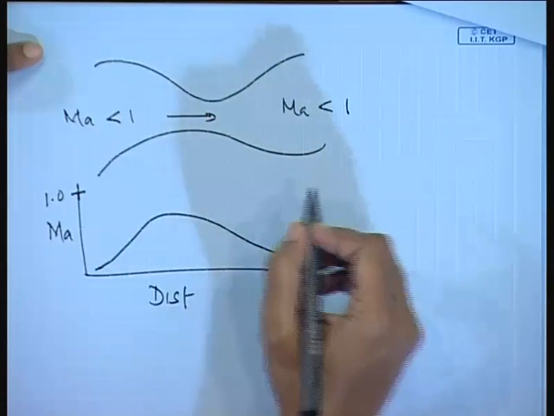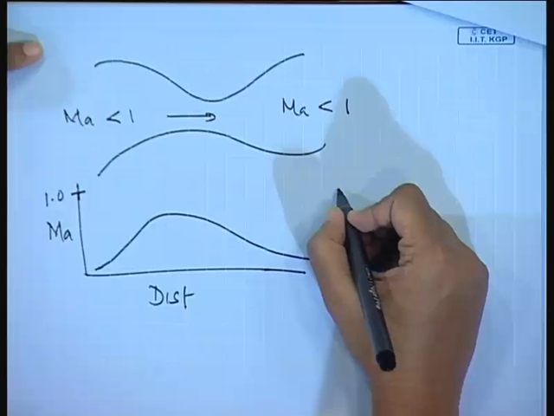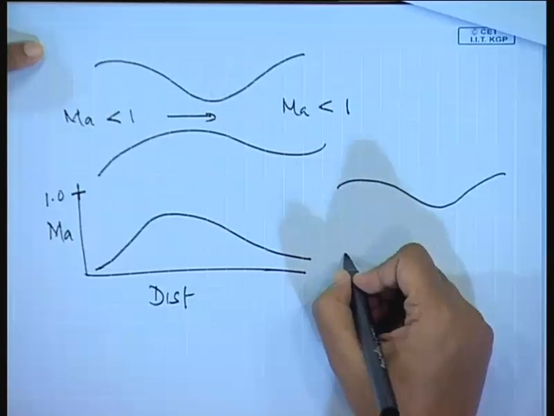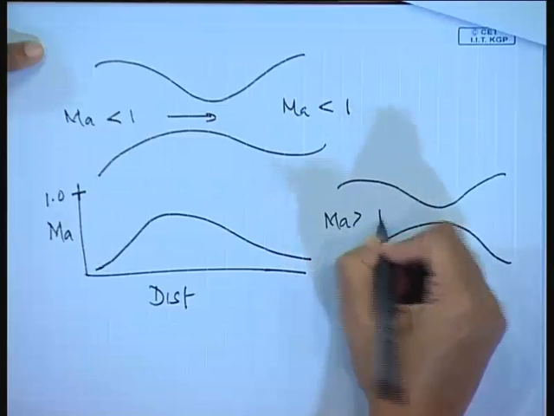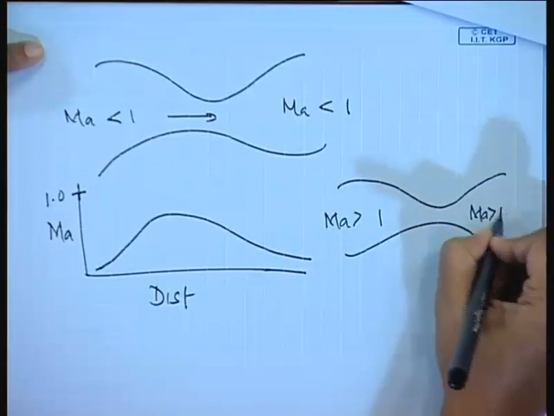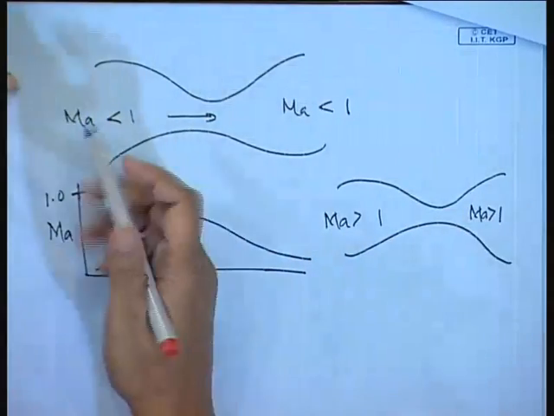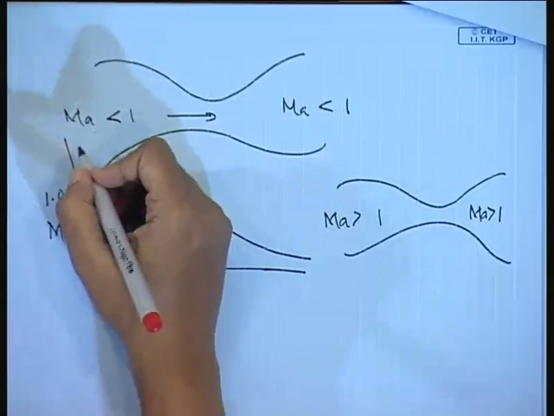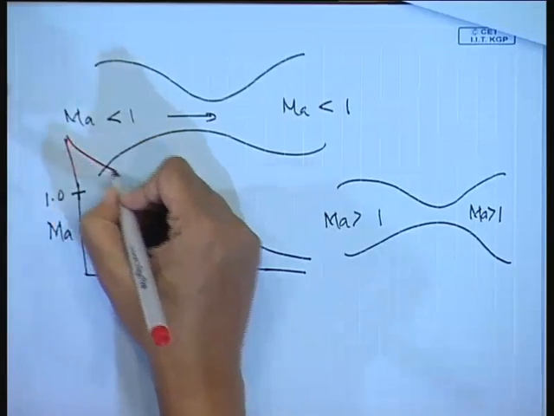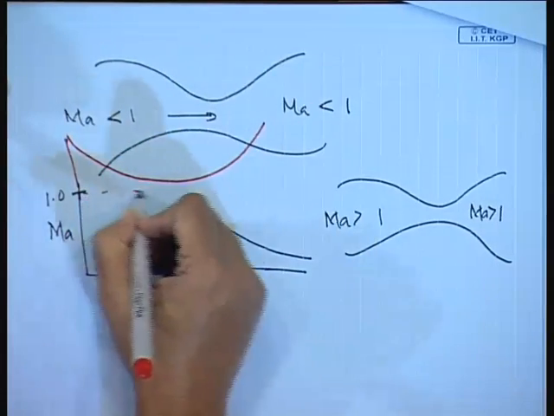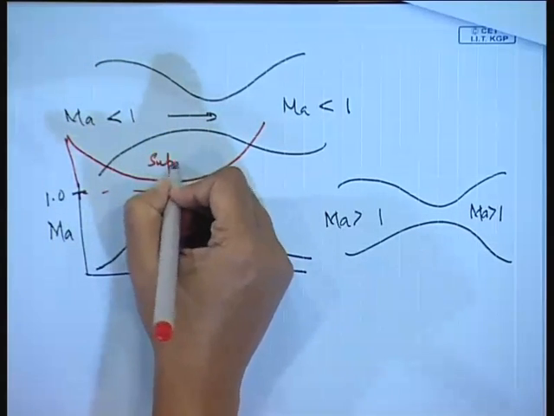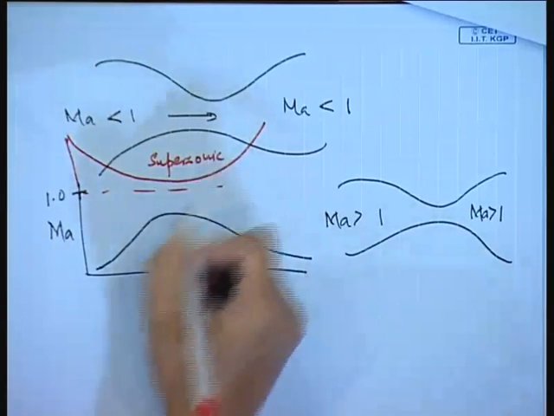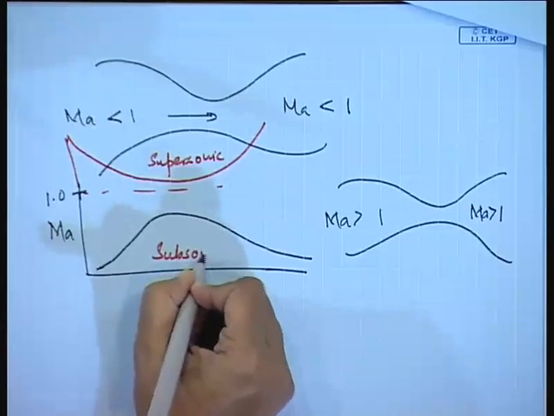Okay. We can also have a situation where Mach number is greater than 1 throughout the case, or in other words, we can have a situation where it is something of that sort. The flow is supersonic throughout, and in this particular case it is subsonic throughout.